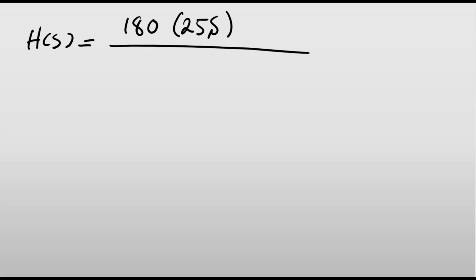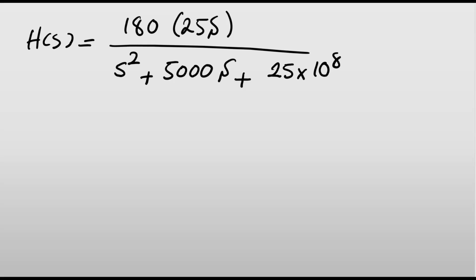So what I'm going to have is H of s equal to 180 multiplied by 25s divided by s squared plus 5,000 s plus 25 multiplied by 10 to the 8 divided by 4. So what I have here now is the standard form for a band pass filter.